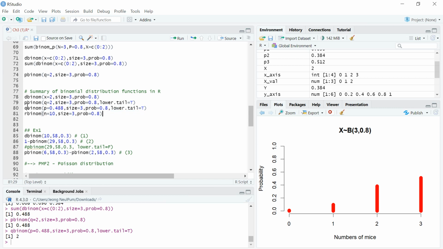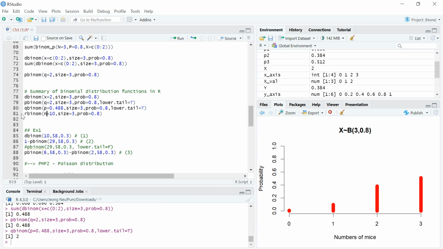So as you can see, the p-binom function and q-binom function have an inverse relationship to each other. So you can notice that.